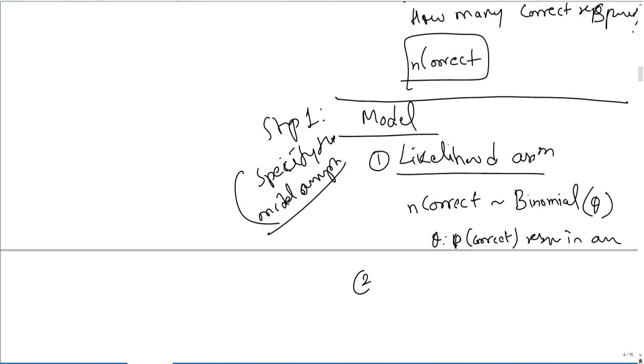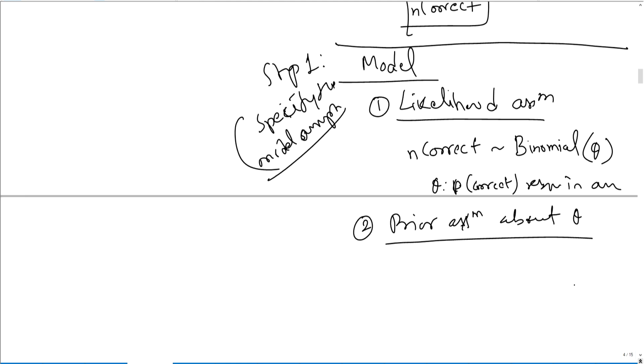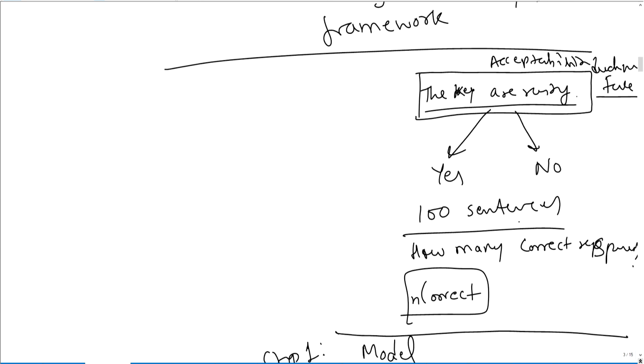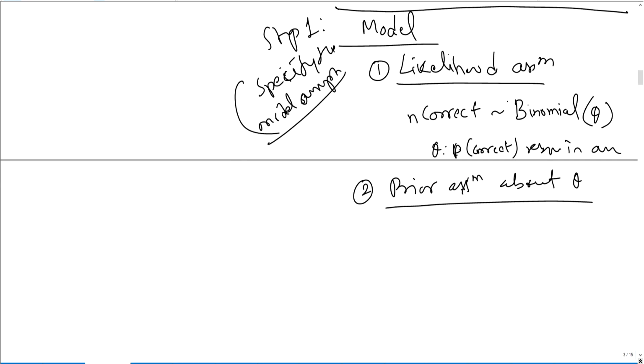Now, you need to make prior assumptions about theta. What kind of prior assumption can you make? Theta is the probability of producing a correct response in a particular trial. Let us say the participant seeing these sentences is a native English speaker, whose mother tongue is English. So, they are likely to make a correct response on most of the sentences.